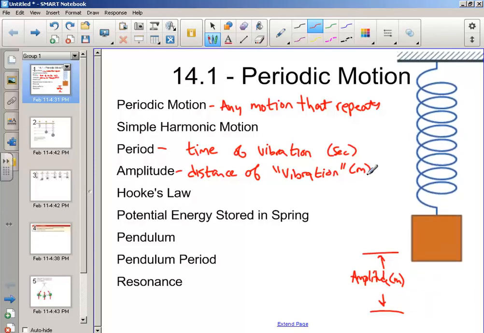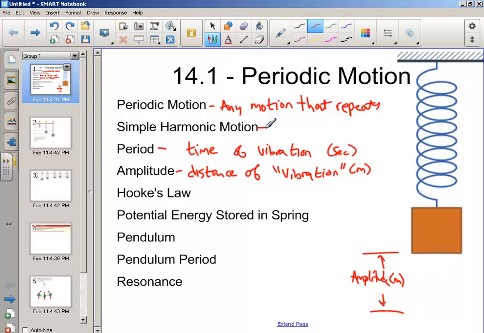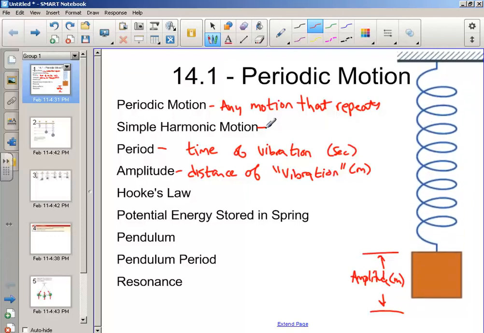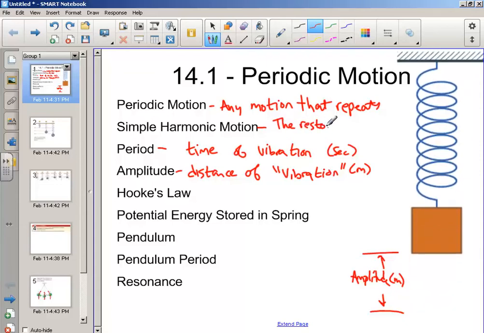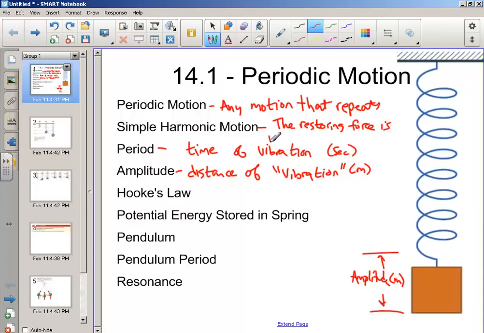Now, simple harmonic motion: all simple harmonic motion is periodic, but not all periodic motion is simple harmonic. Simple harmonic means that the restoring force is proportional to the distance moved.